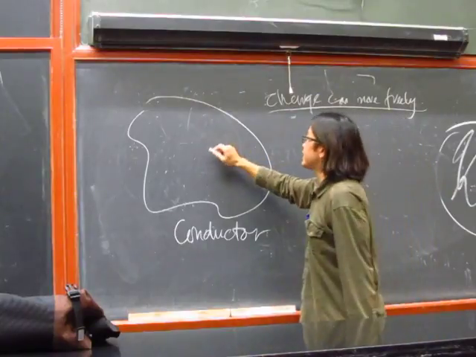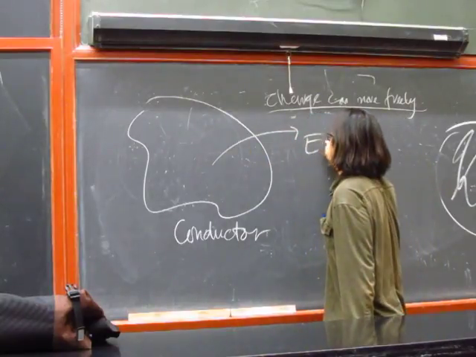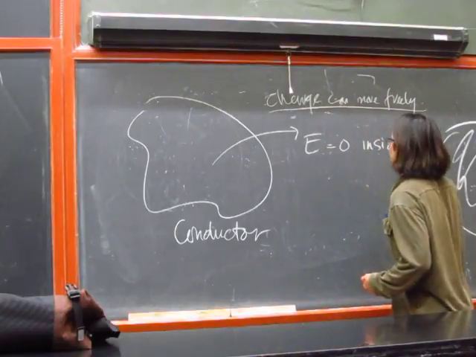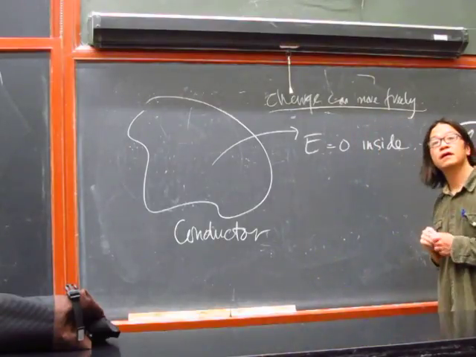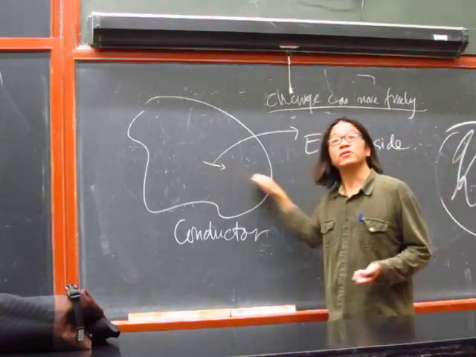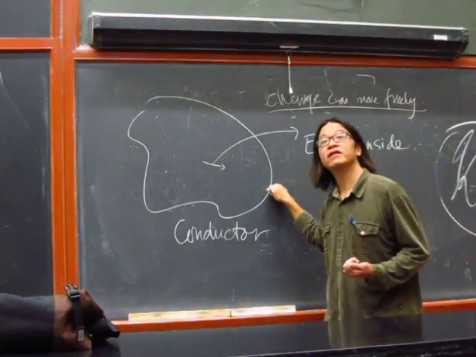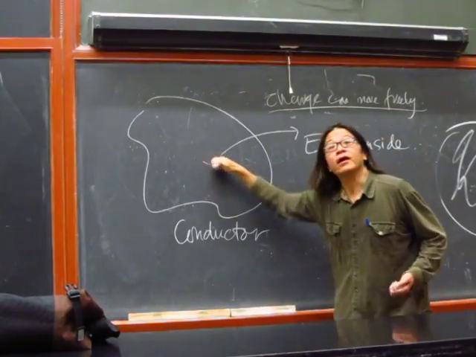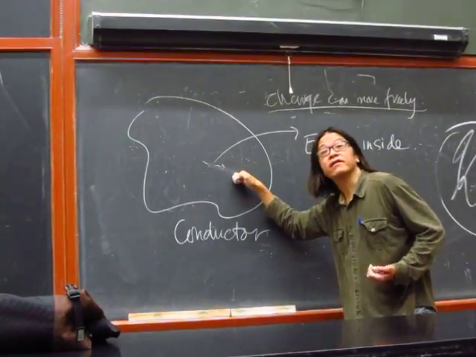Then the electric field inside has to be equal to 0. If you have a field inside, then charge will move without any barrier. Okay?